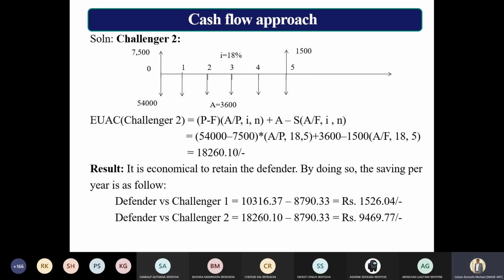So this is about the cash flow approach method. We also call it the insider's point of view. So I hope there is no doubt related to this particular topic, right? It is all clear.